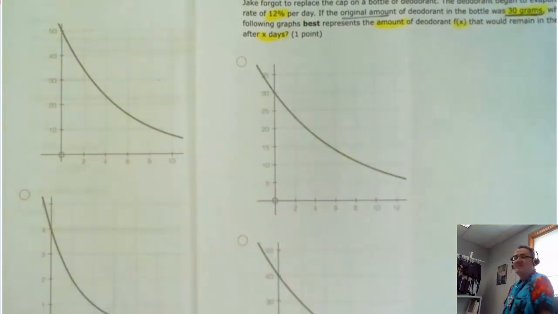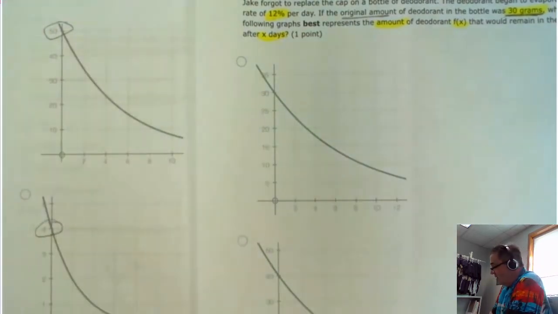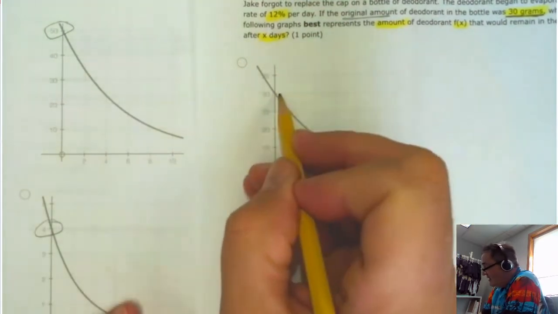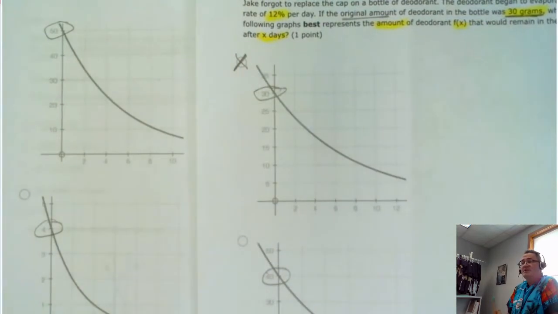Which one of these graphs has an original amount that starts at 30 grams before it starts evaporating? That's the only graph that starts with 30 grams on day 0. So that has to be the answer.